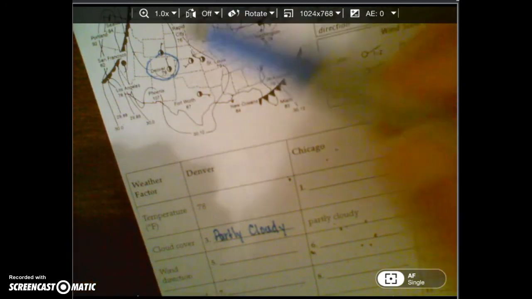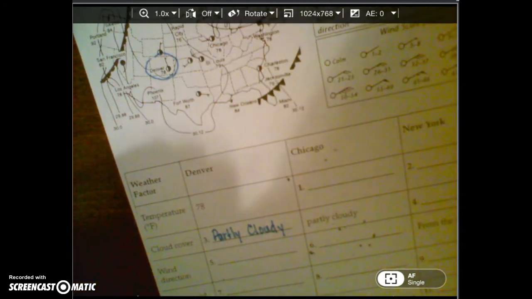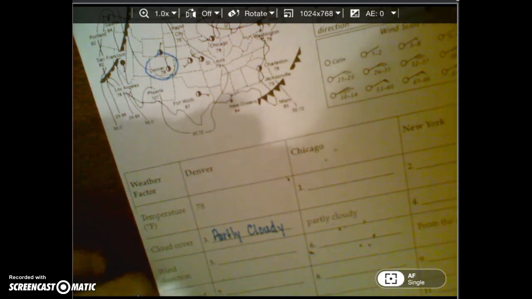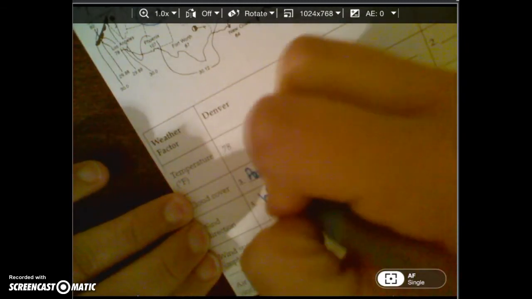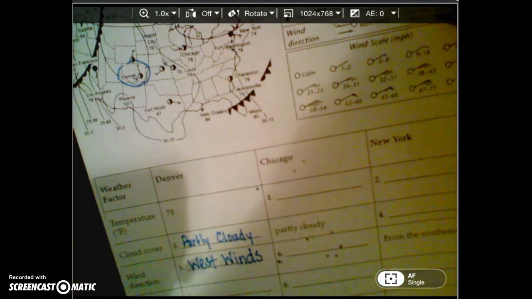You notice that the tails go up. So we are going to have west winds. Mainly you're looking for up tails and down tails. That's what tells you what wind is.